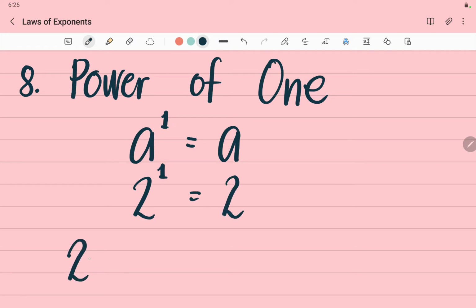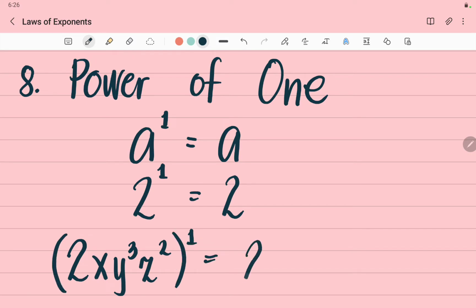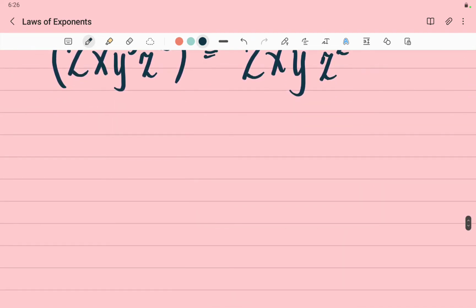Whatever the base, the whole of it raised to 1 will be the base. Okay. Now, we are done with the 8 laws of exponent.